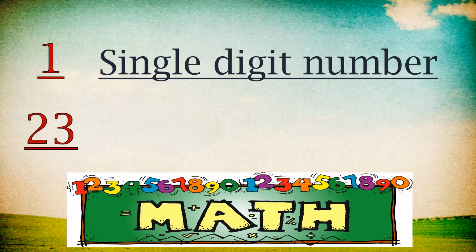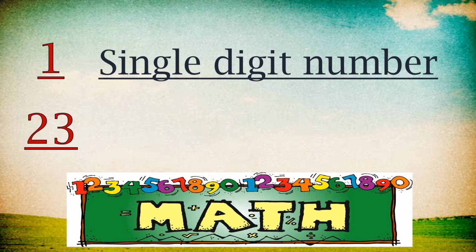What number is this? Do you know what number is this? This is number 23. In number 23, how many digits are there? Do you know the answer? Yes, there are two digits. Teacher Joshua, why are there two? Simple. Look at the number 23.